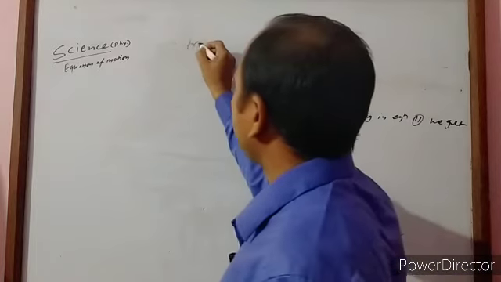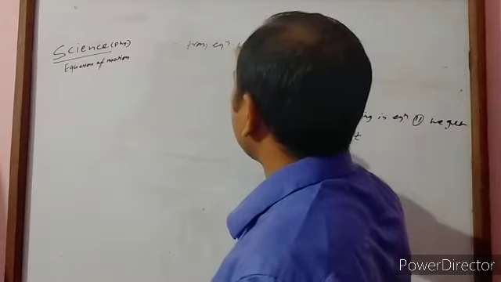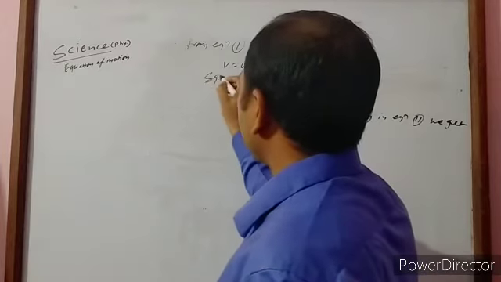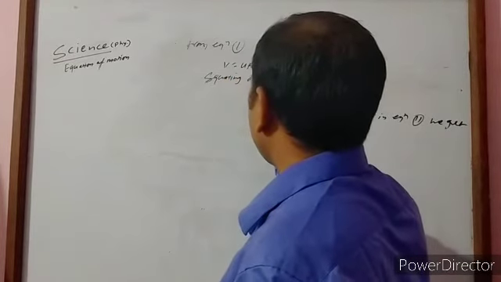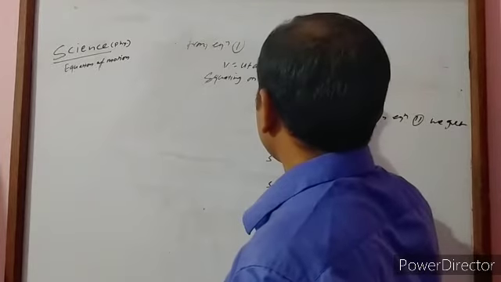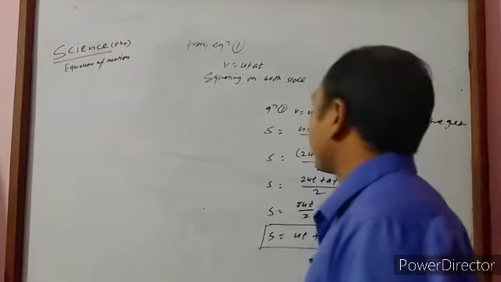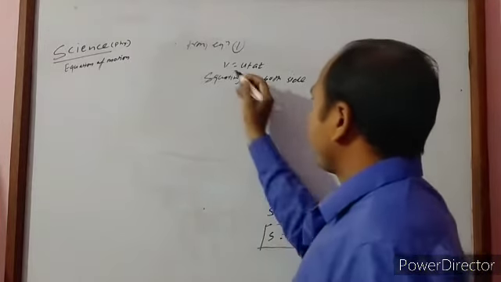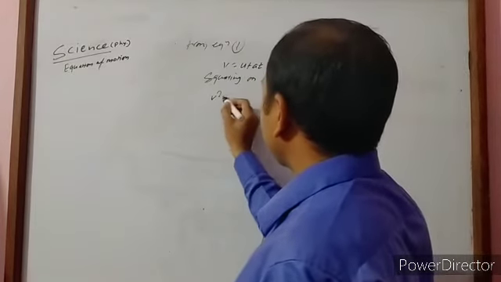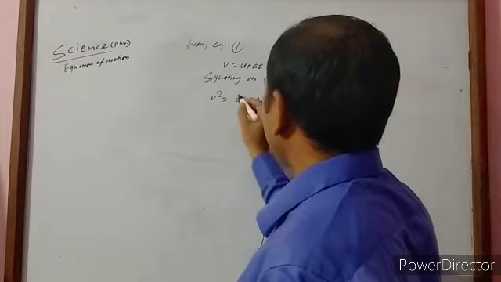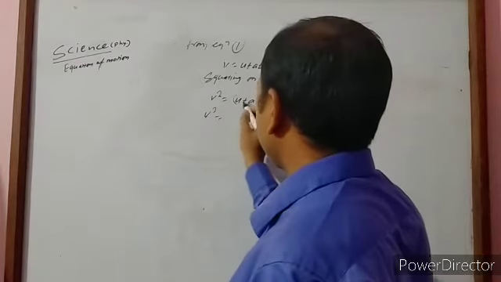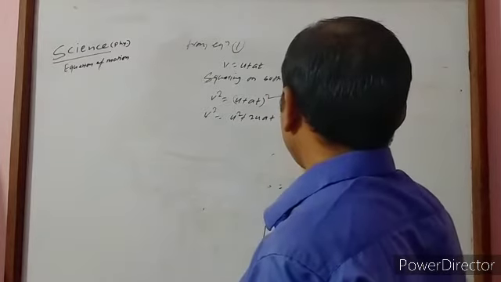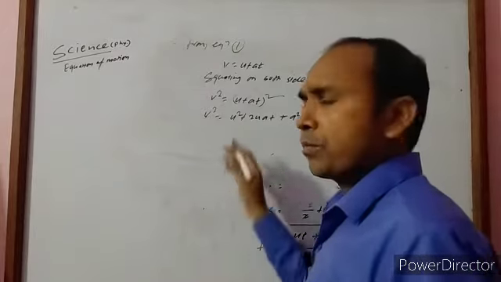Another, from equation 1, v is equal to u plus at, then again squaring on both sides. Then v square is equal to u plus at whole square, and v square is equal to u square plus 2uat plus a square t square, using a plus b whole square.